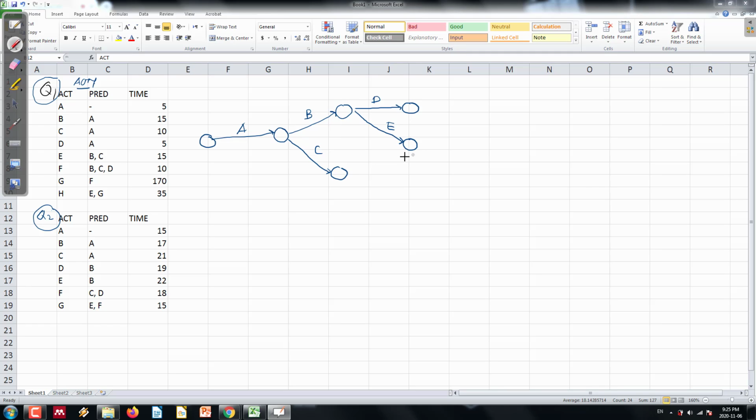After that, F comes from C and D, so from this node and this node. We will swap position D and E, so it will be easier. Let me redraw this.